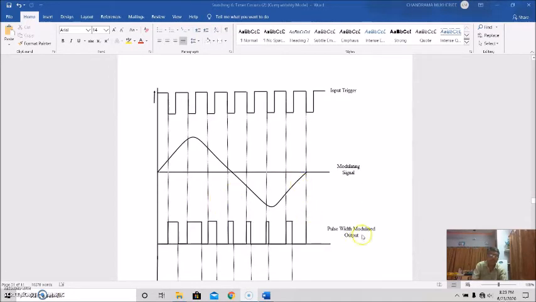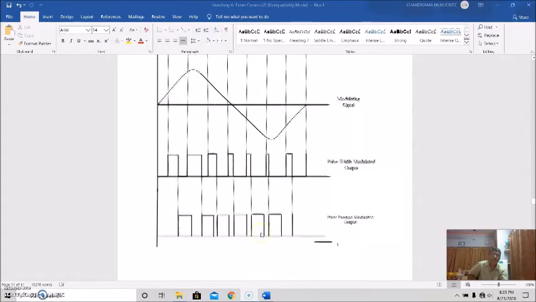So this is the pulse width modulated output. Okay, this is the output of the Astable multivibrator circuit. Now this is the final output, that is the pulse position modulated output.